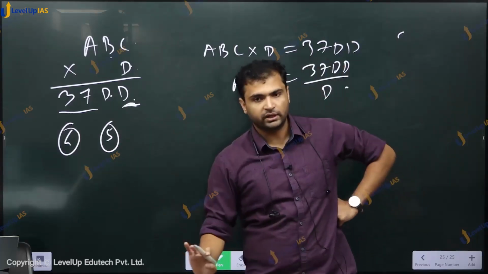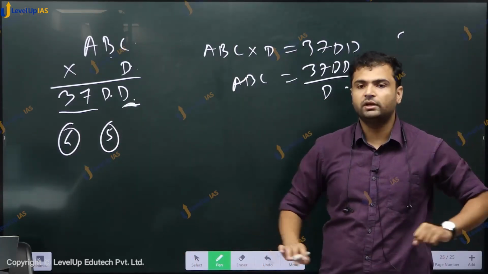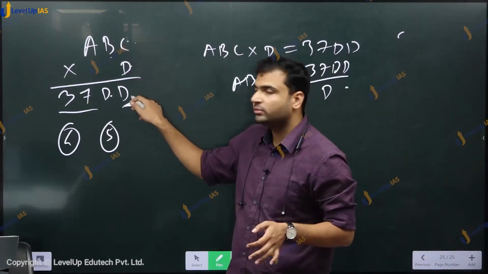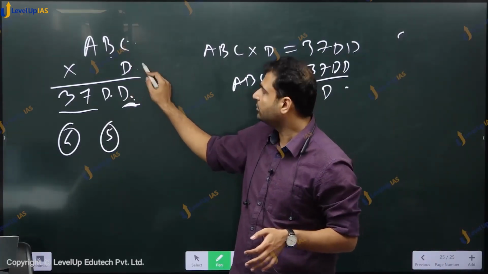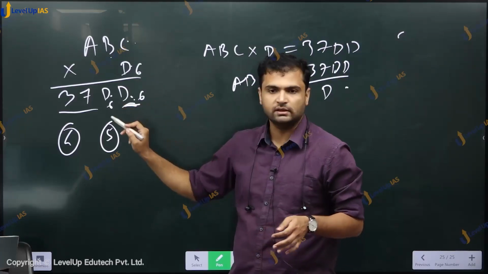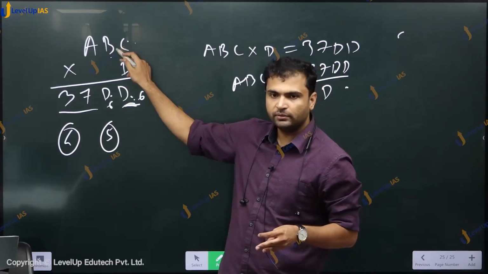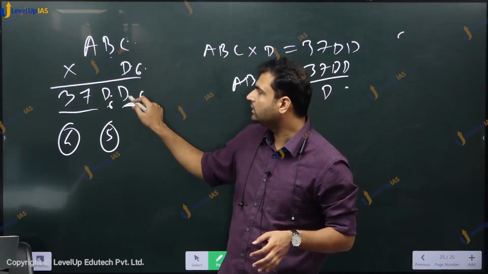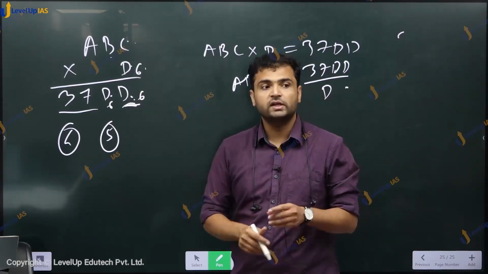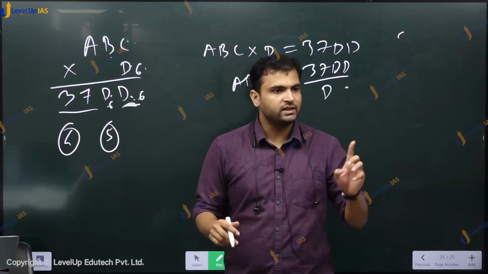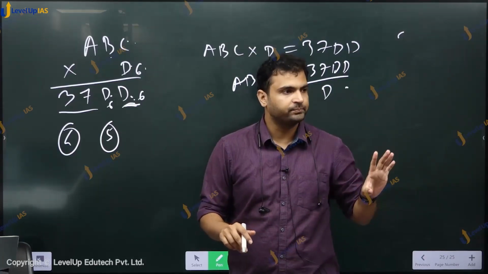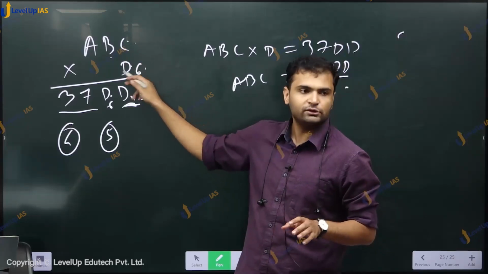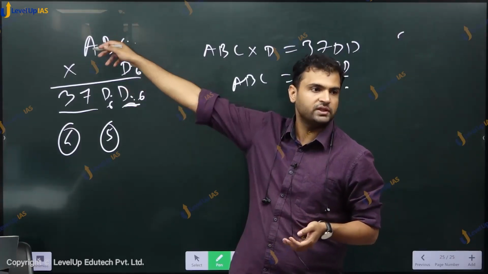मैंने 4, 5 को एक्सेप्ट कर लिया फॉर नाउ, बट नाउ आई एम थिंकिंग अबाउट व्हाट आर अदर पॉसिबिलिटीज. Is 6 possible? 6 into something has to be 6 because D and D are, if I am considering this number as 6, D as 6. So D into C has to be 6 at the units place. 6 into something, एंड में 6 कब आता है? 6 के टेबल में 6 1s are 6 आता है एंड 6 6s are 6 आता है. 6 6s are 6 तो हो ही नहीं सकता बिकॉज D has already taken value of 6, so C cannot be 6.